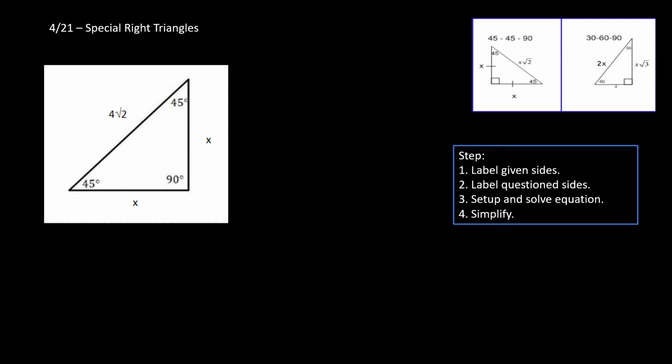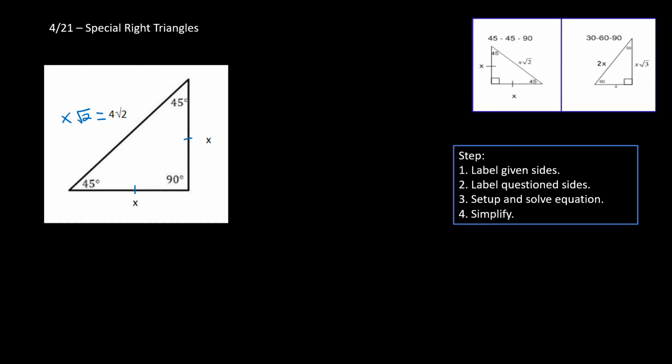All right, let's do another problem here. We're doing another 45-45-90, so we know that these are the same here. We want to label our given side. Our given side here, like it says, is 4 square root of 2. So we know that this is equal to x square root of 2.